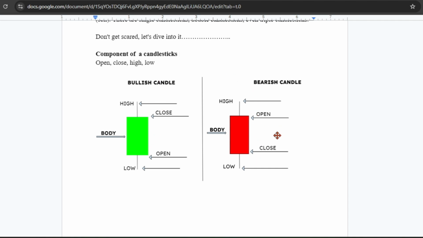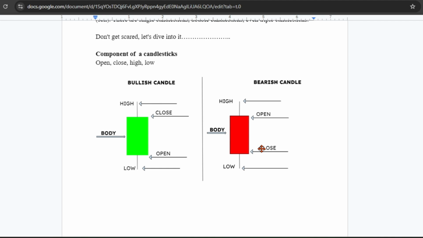Then we have the bearish candle. The bearish candlestick is dropping down. That means that the market is in a state of selling. And when something is dropping downward, we need to have a starting point, and that starting point has to be from the top, because now we are dropping downward.